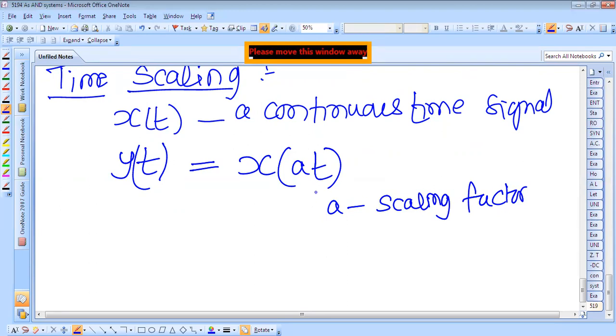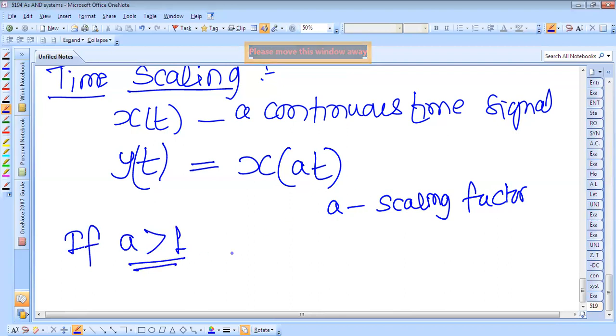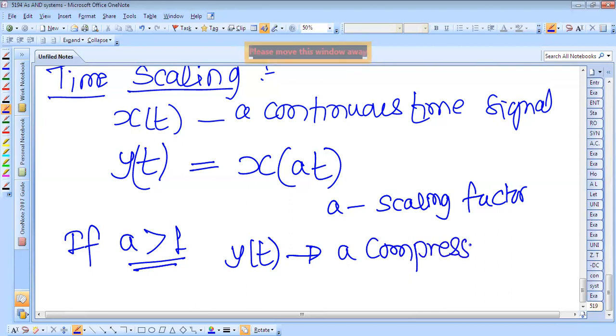And this t is the independent variable. Here, if a is greater than 1, then the y of t signal is a compressed version of x of t.